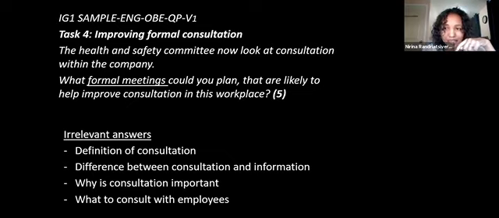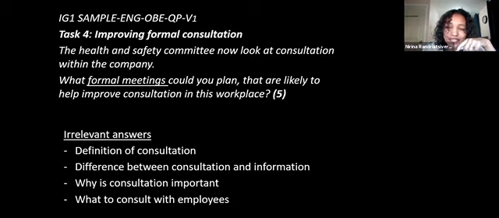But maybe your answer is not relevant because you did not answer the question. So a definition of consultation will not help. The difference between consultation and information will not help either. Some people would like to talk about why consultation is important.